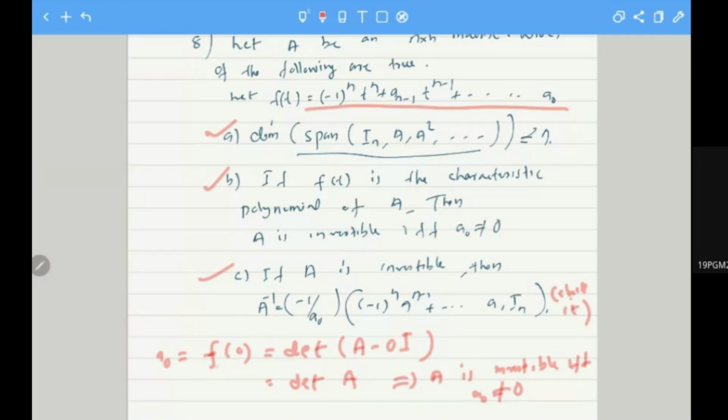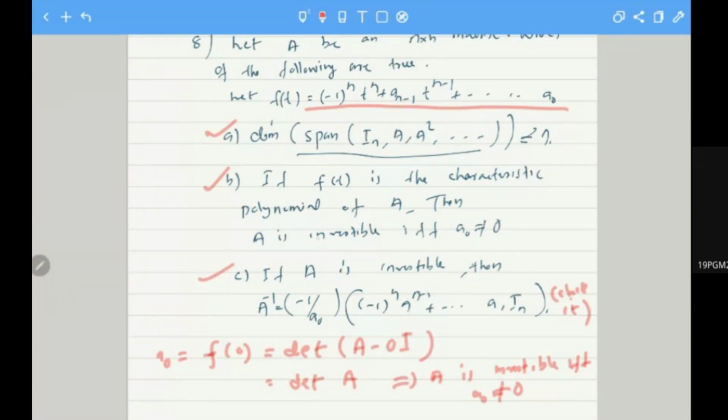The characteristic polynomial is defined as the determinant of A minus lambda I. So at 0, it is nothing but the determinant of A. So a_0 is nothing but the determinant of A. A is invertible if and only if the determinant of A is not 0, that is, if and only if a_0 is not equal to 0. So that's how B is correct.